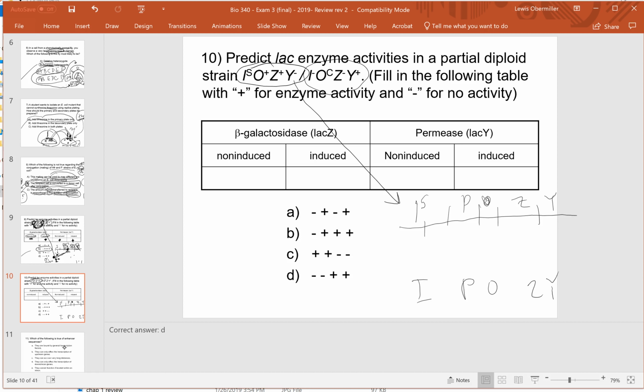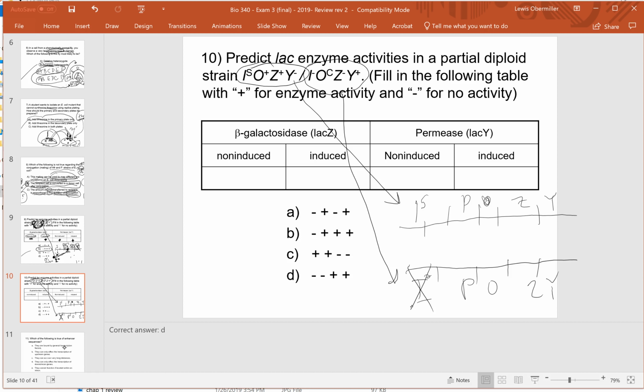This is for the second chromosome, number 2, which is here. I'm going to write above it. Okay, so this one, this I is minus, so it's broken. It's not going to make anything.